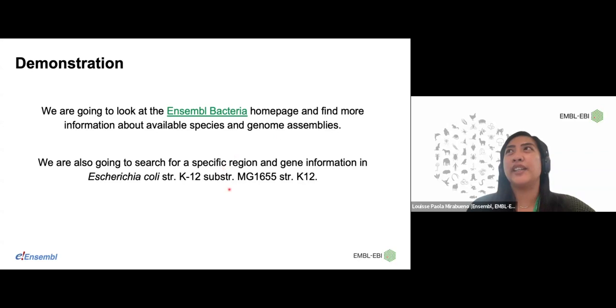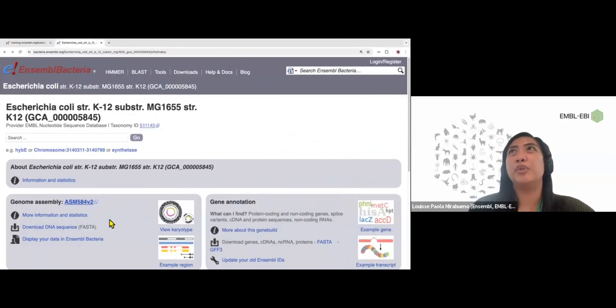Now, let's look at more specific data. So let's look at a region still using the same substrain MG1655 of E. coli K12. And we're going to visualize the region, see how we can manipulate the view and add some tracks to it. I'll talk more about tracks in a minute, and how you can find more information about specific genes. So let's move back to the browser.